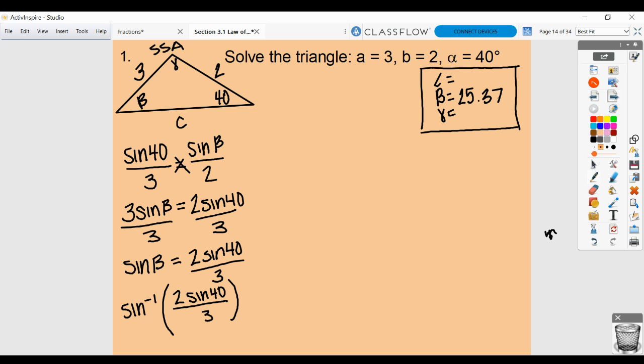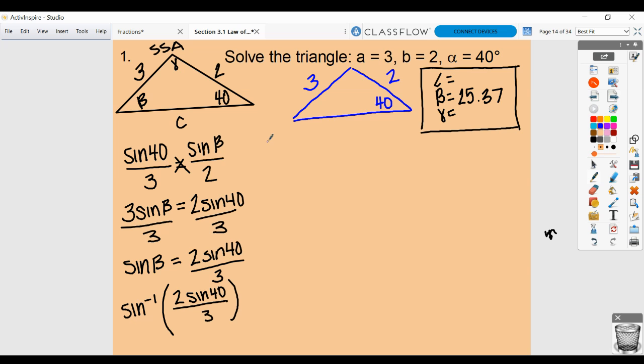Okay, so here is where you need to figure out if you have 2 triangles or only 1 triangle. So I'm going to do this in a different color. You're basically going to draw yourself another triangle. You're going to use the information that was given. So the 3, the 2, and the 40. But you need to put a new angle in here for beta.